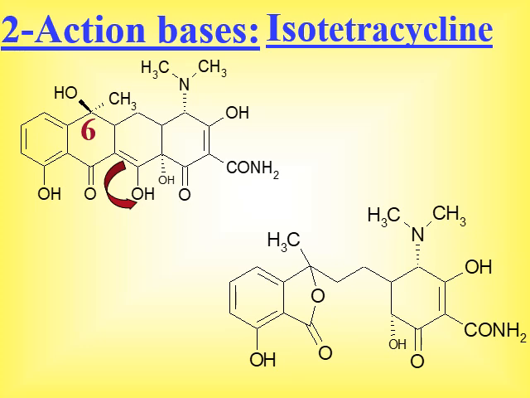So conclusion from acid and bases: if tetracycline has no 6-OH, it can resist the actions of acid and bases and it will have better absorption since it will have a higher lipid solubility.